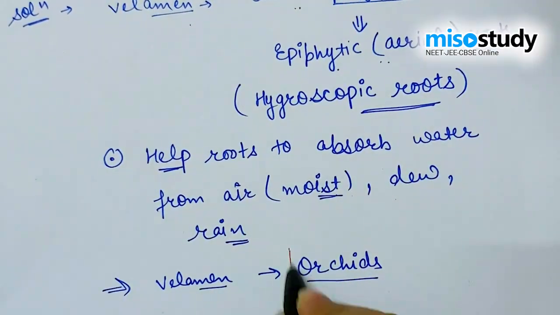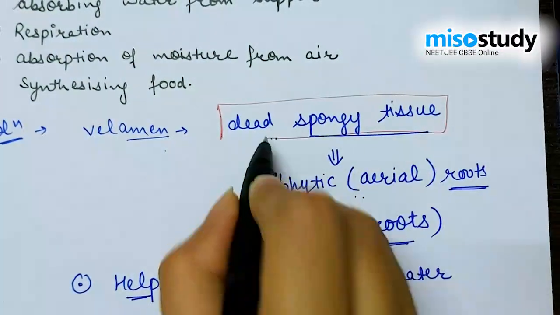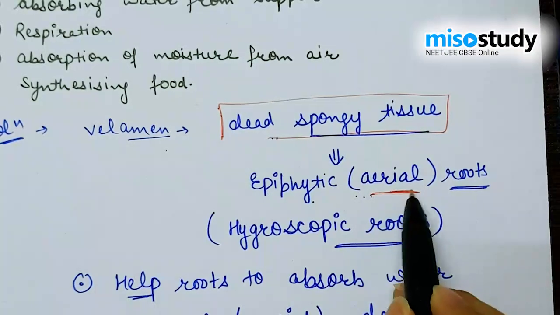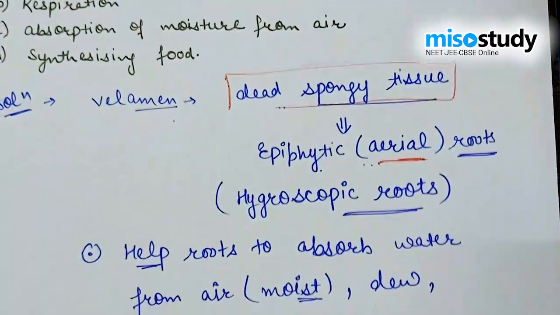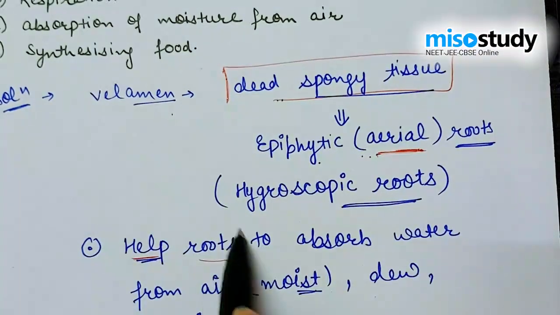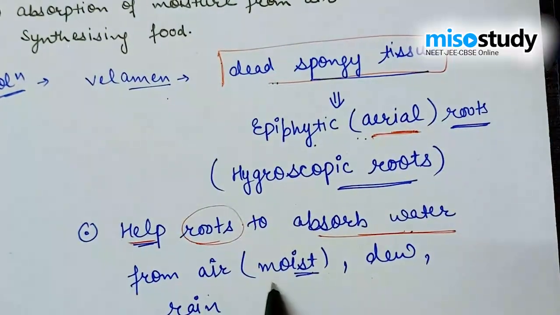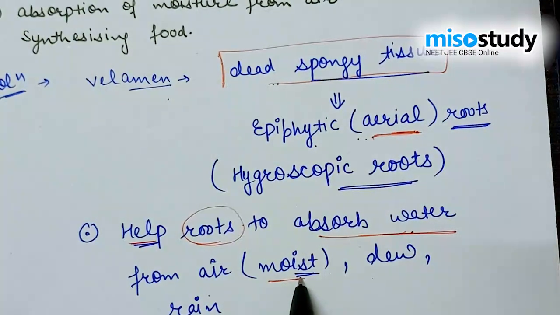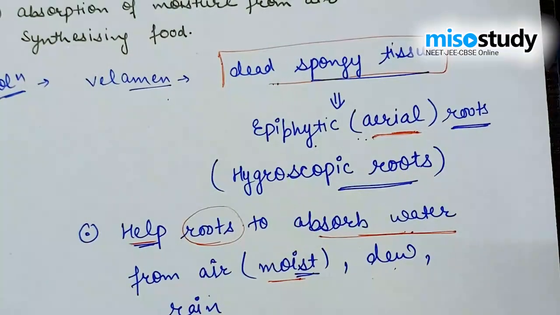When we discuss the velamen, we get to know that velamen is a dead spongy tissue present in aerial plants and especially aerial roots. What function do they perform? They generally help the roots to absorb water from the air, present in the form of moisture in the atmosphere, dew, or rain.